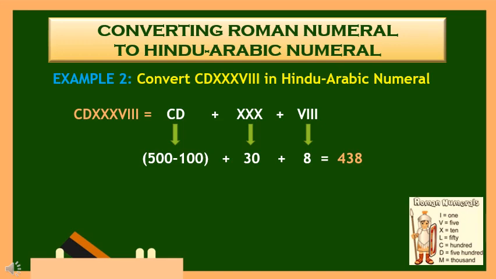XXX is 30 and VIII is 8. So we will add 400 plus 30 plus 8. That gives you 438. So the Roman numeral CDXXXVIII is written as 438 in Hindu-Arabic numerals.